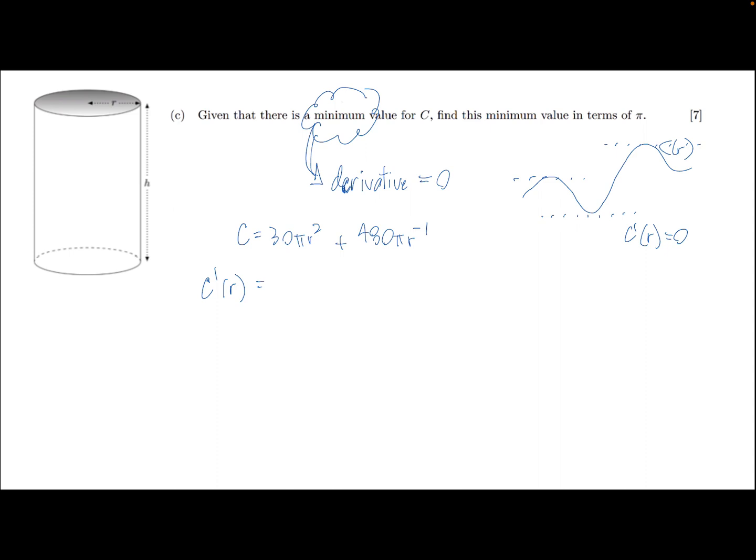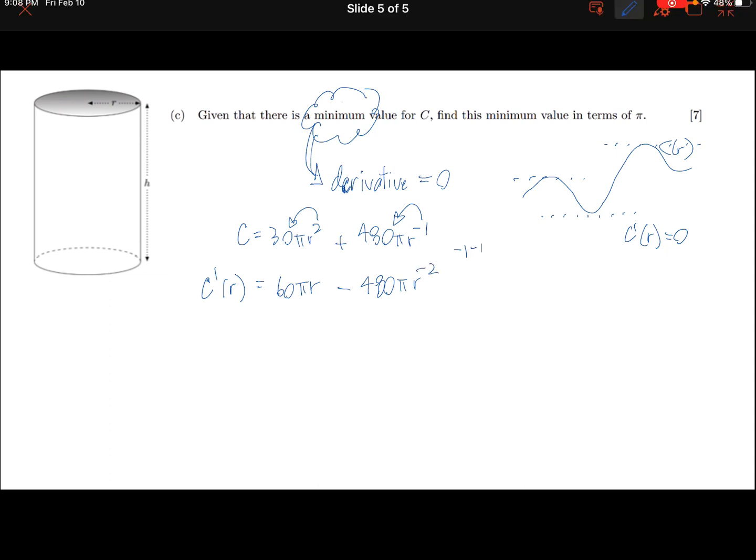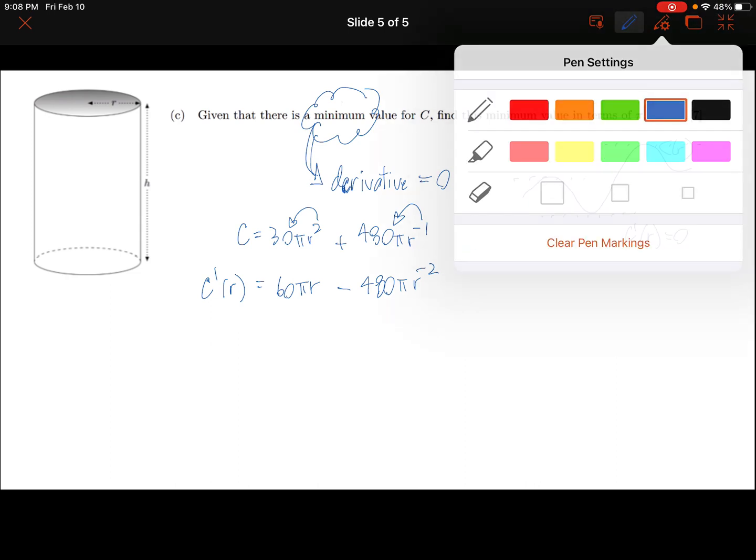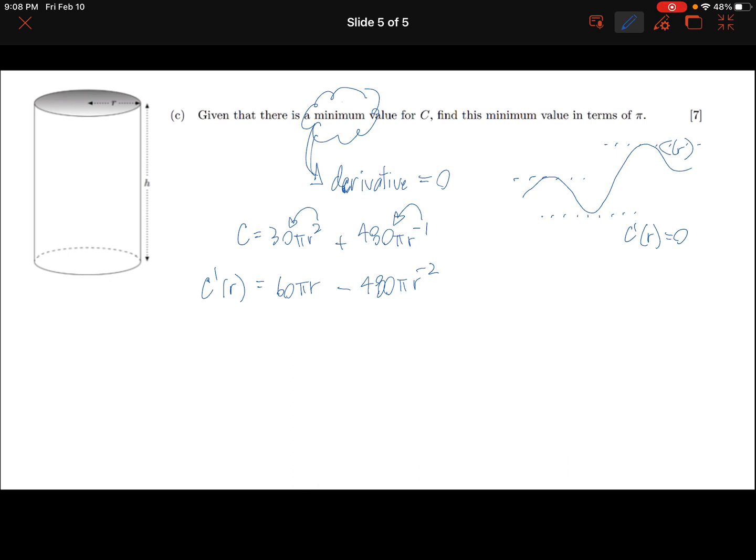You don't even need to write the r, but just for form purposes, I'm including it there. We'd get 2 times 30, so 60 pi r, plus negative 1 times 480, so it's negative 480 pi. And then again, subtract 1 from negative 1, so negative 1 minus 1, which is negative 2. So let's just tidy that up a little bit. And then we have to set that equal to 0.